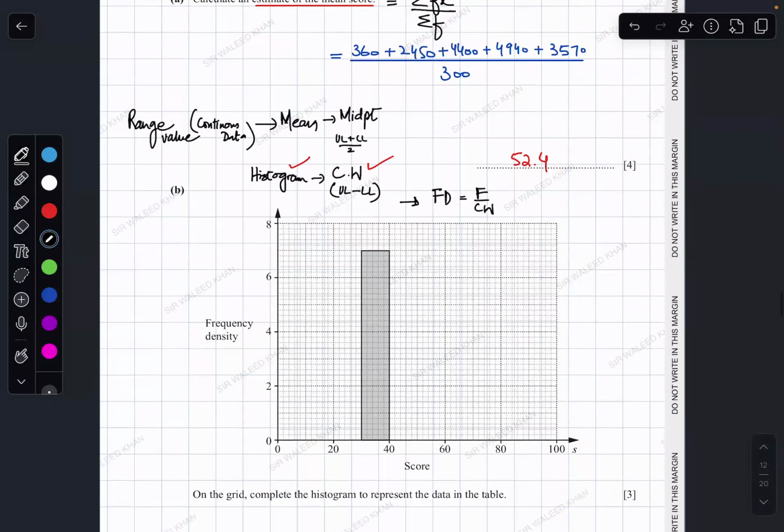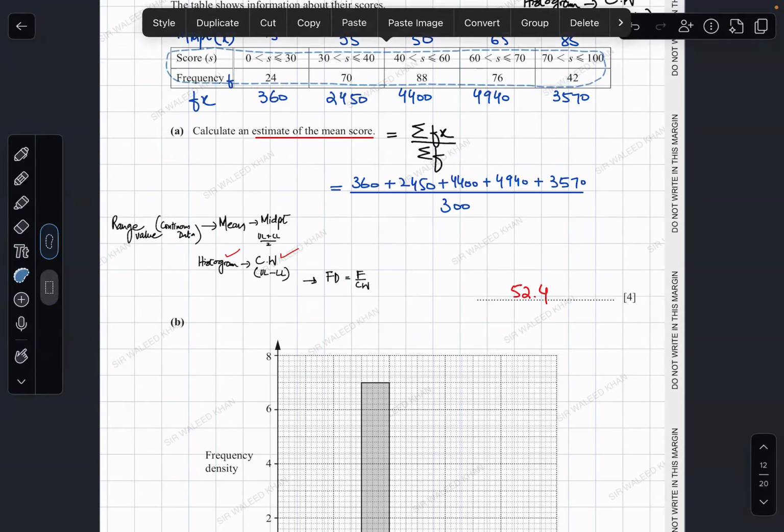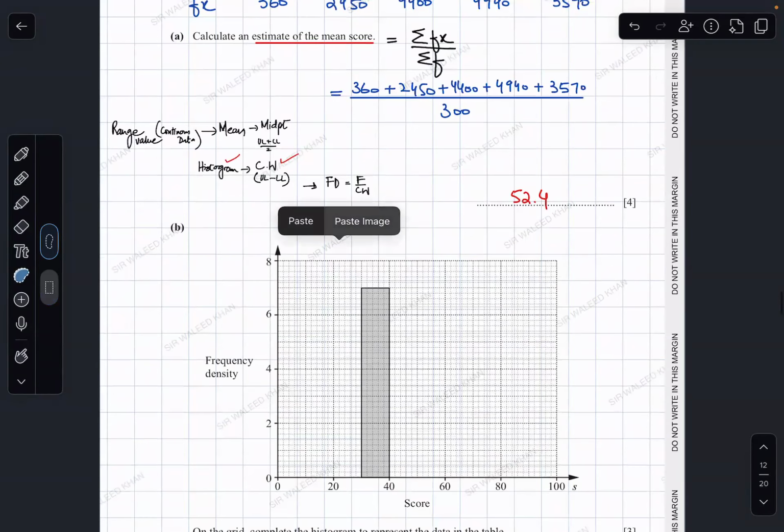So this information. Now, how do you figure that out? Using the above one, this table over here. So this table, I have to figure out the class width first.